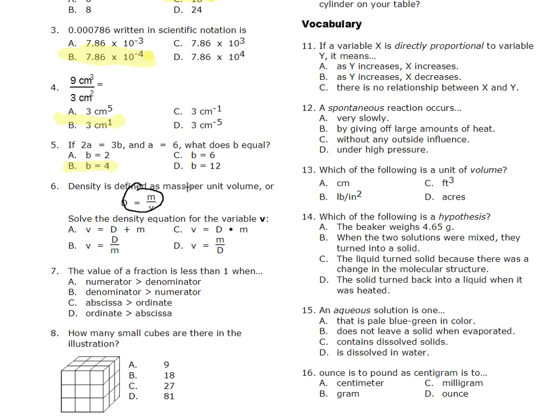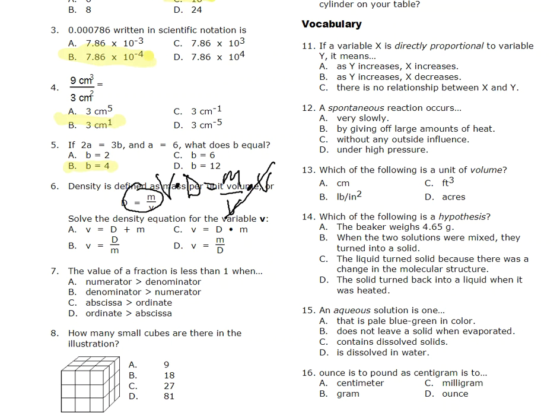So if you're starting with density equals mass divided by volume, and it's asking us to solve for the variable V, I don't like that V is on the bottom on this side, so I'll just multiply both sides by V. And then what happens is I'm going to get mass equals density times volume, or volume times density equals mass, because again, they're interchangeable.